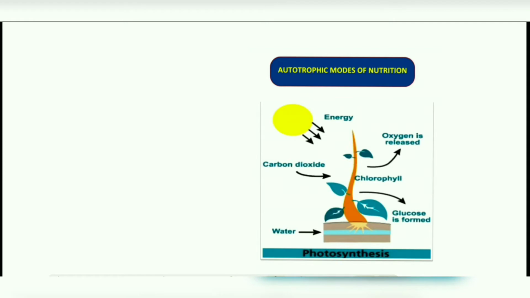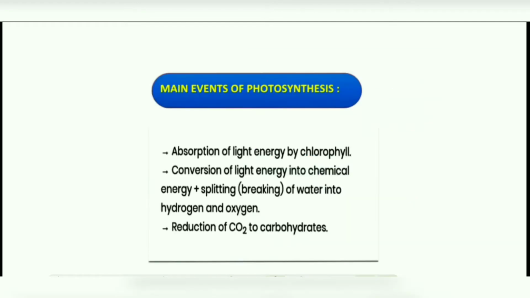So let's go to the autotrophic mode of nutrition directly. Photosynthesis comes under the autotrophic mode of nutrition. In photosynthesis there are three important resources: water, carbon dioxide as well as sunlight, which is essential for most photosynthetic plants. There are three main events which happen during photosynthesis.